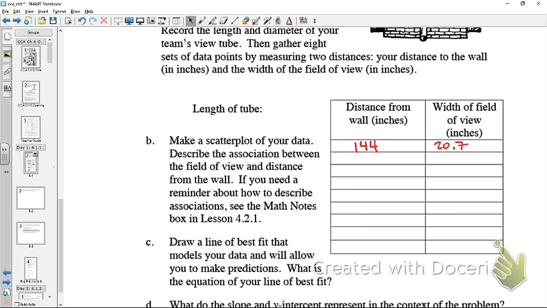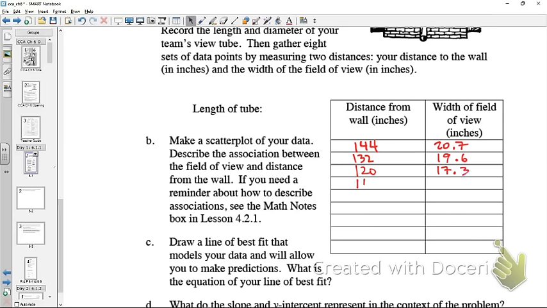If they are getting closer and they're about 132 inches away from my wall, they can see about 19.6 inches of my whiteboard. And then as they get closer, 120 inches, this number is going to obviously decrease. Now they can only see about 17.3 inches of my whiteboard.